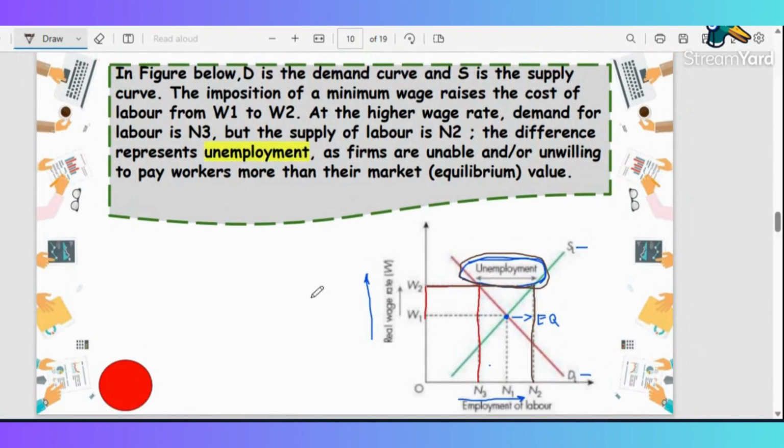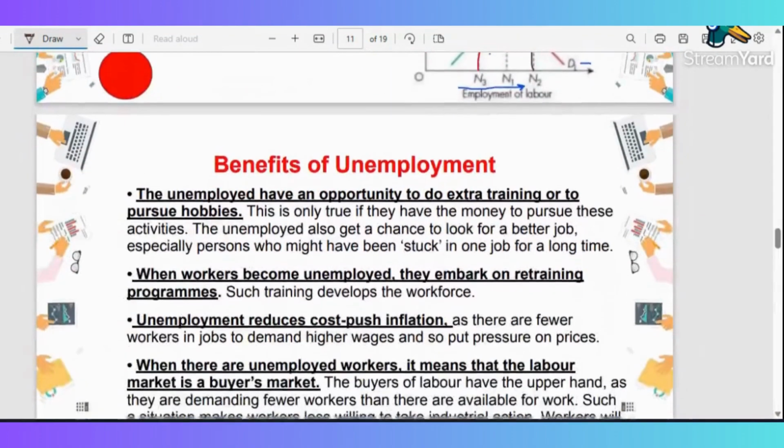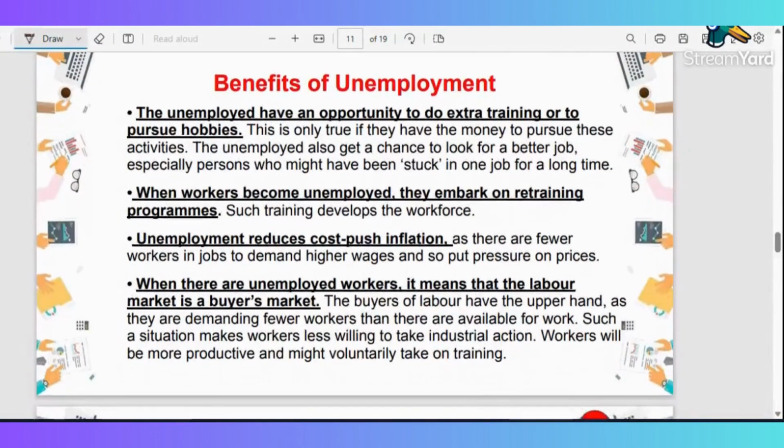Okay? Right. Now we look at the benefits of unemployment. Now, it states that the unemployed have an opportunity to do extra training or to pursue hobbies. This is only true if they have the money to pursue these activities, which is true.